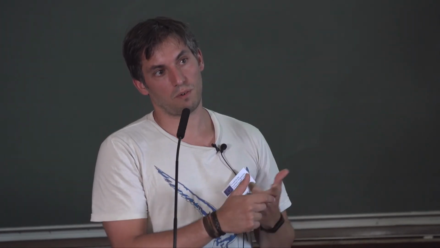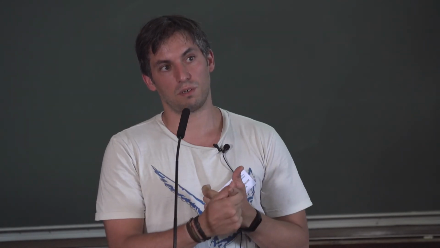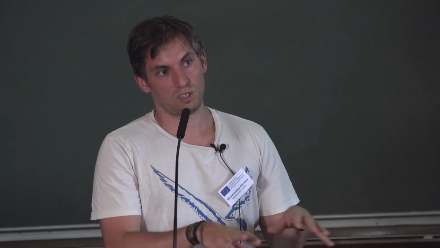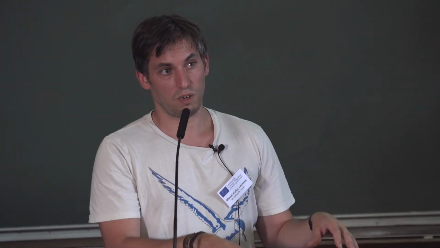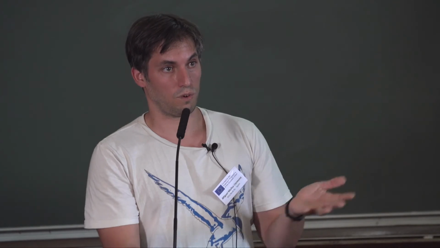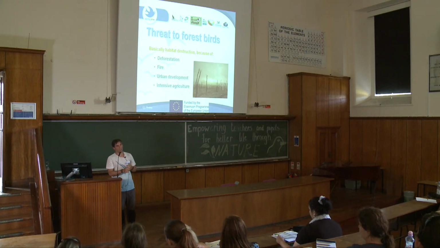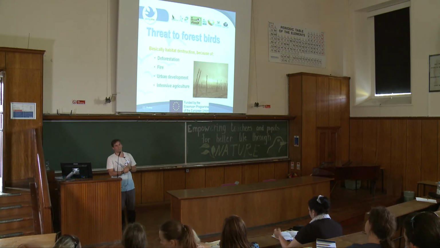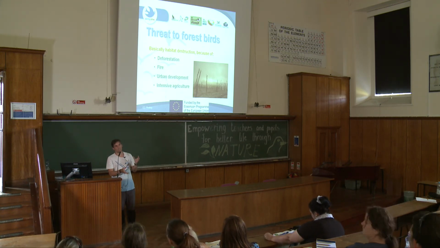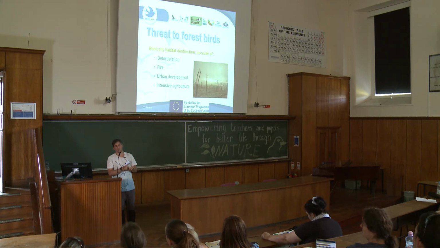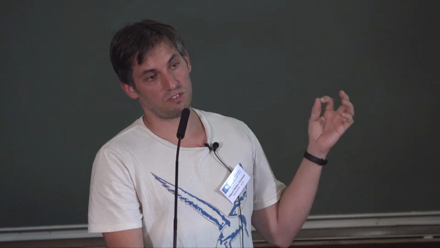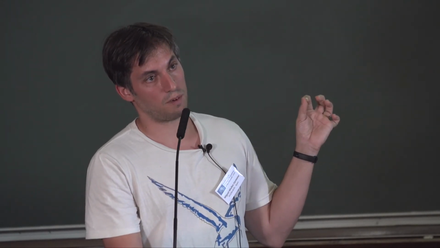Some countries have problems with agriculture. Intensive agriculture is spreading and using a lot of ground, and sometimes they have to cut all the trees. In some parts of the world, there is deforestation for wood or for paper or whatever. But in all cases, the main threat is habitat destruction.